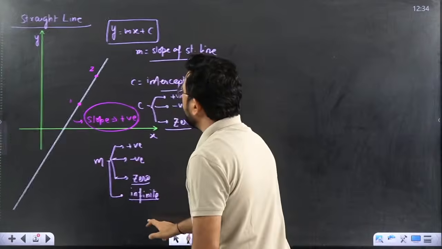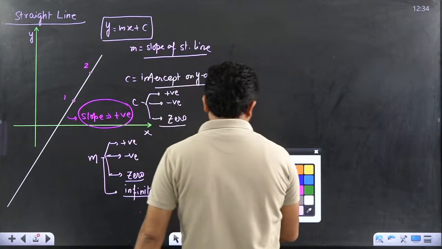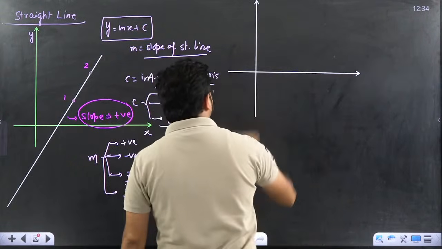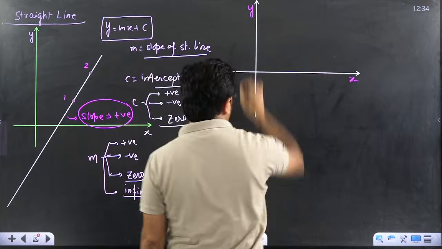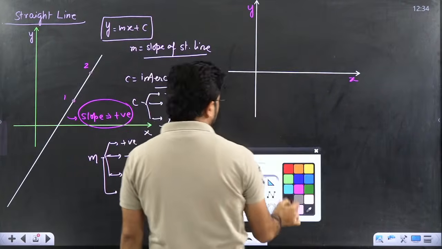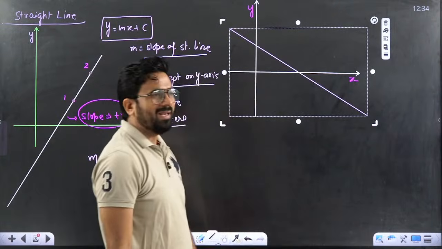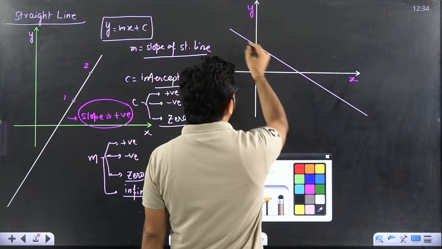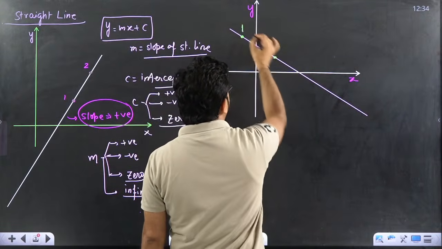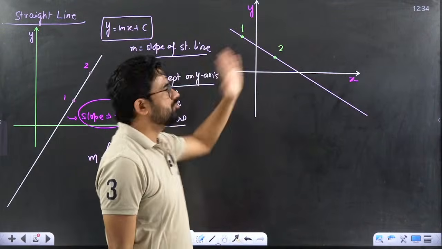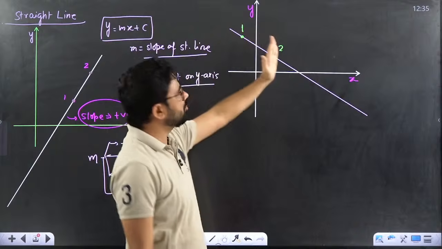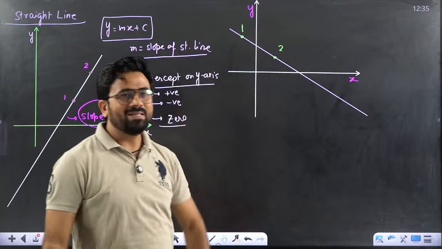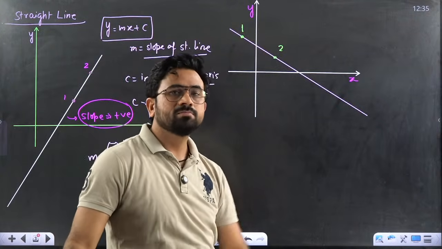Similarly, I am drawing some more lines. Just try to see. Suppose this is the x-axis, this is the y-axis, and I am drawing one line here. On this line, I am taking any 2 points. Suppose this is point 1, this is point 2. Now see, you are moving from left to right. Tell me, are we rising up or falling down?